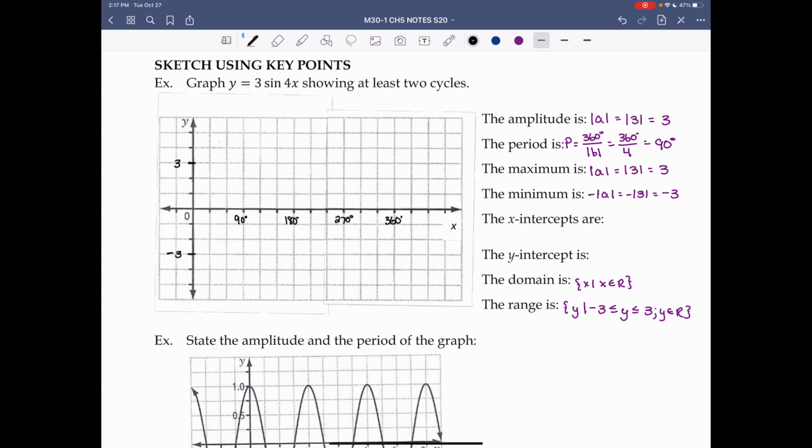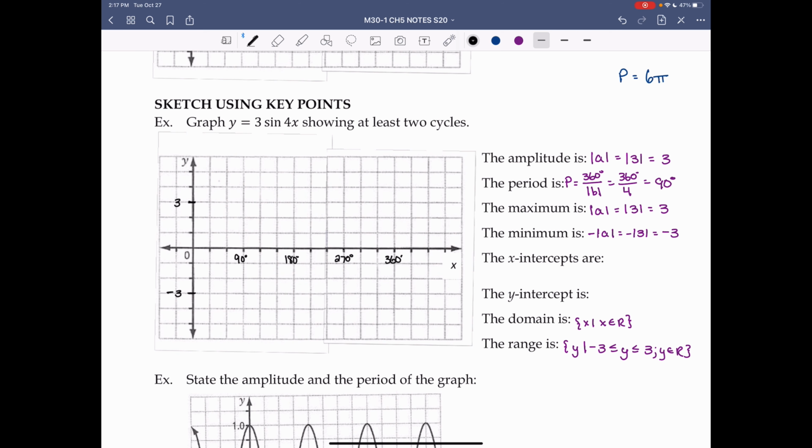To help us draw y equals sine x, we can use the unit circle. Remember that sine is the y value of points on the unit circle.